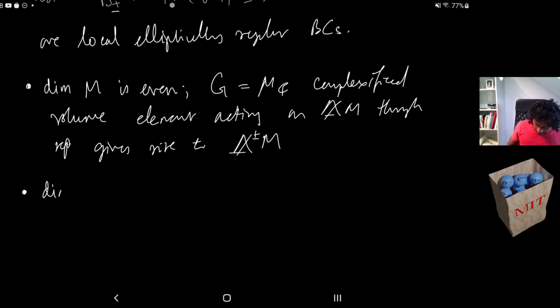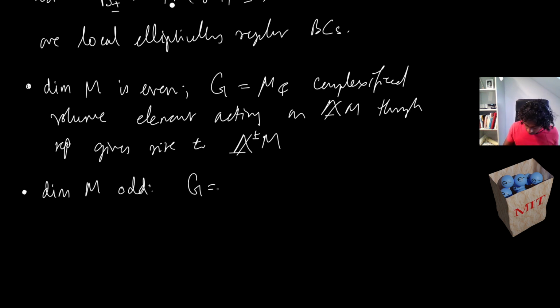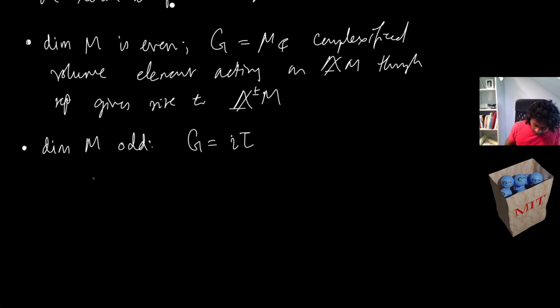But now let's consider the case when the dimension of M is odd. When it is odd, we can set G equal to i τ as the chirality operator. And the boundary condition, say B plus, is called the MIT bag condition.